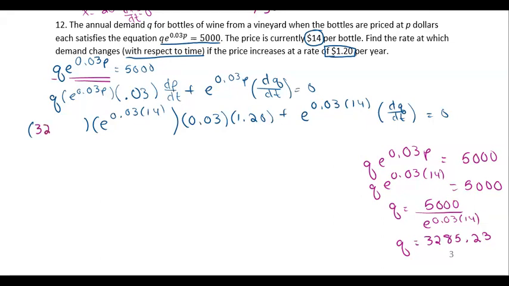3,285.23. There we go. Well, now we can do some plug and chug. Let's put this into the calculator and simplify it all down. If I multiply some of this together, I think all of this will simplify down and we'll be able to solve for dQ/dt.